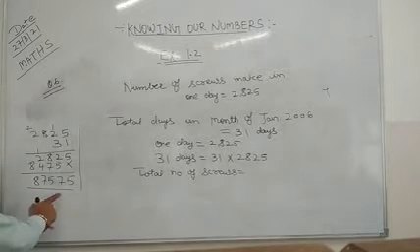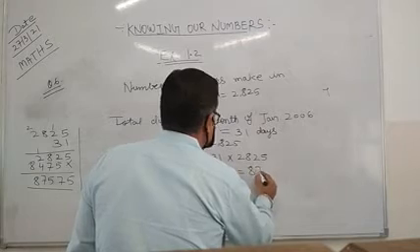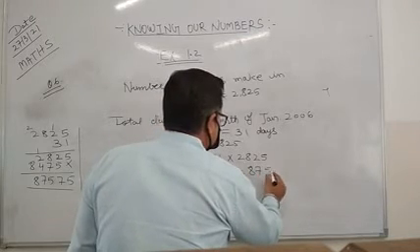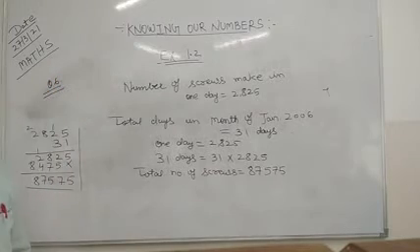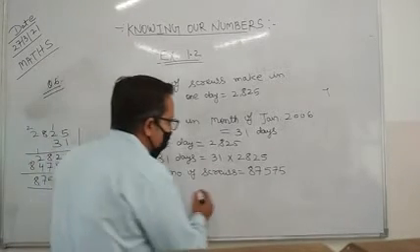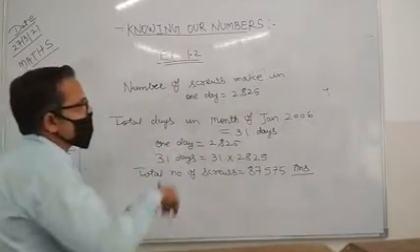How many screws will we get? We will get 87,575 screws. That is the total number of screws we will get from this.